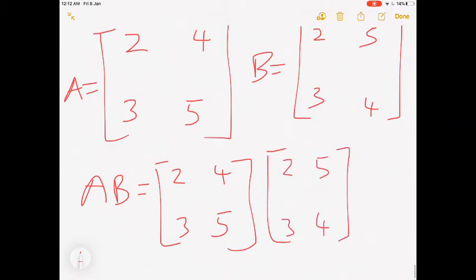Just as we did previously, take this one by one. It's most important that the number of columns here should be equal to the number of rows here.